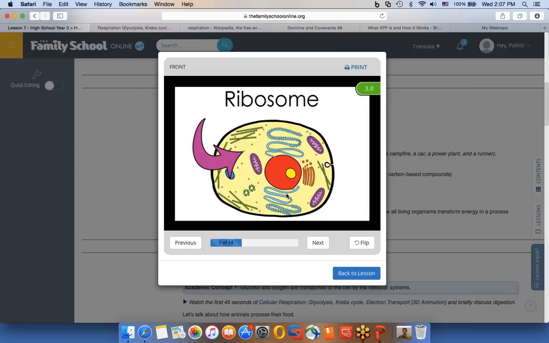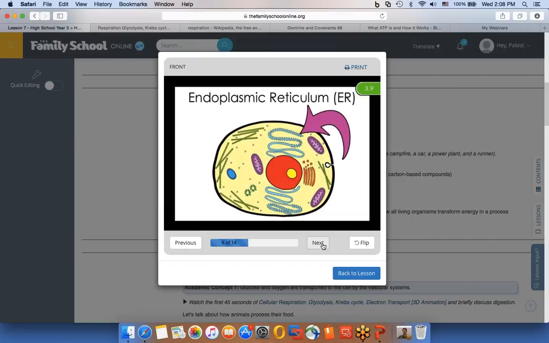Yes, they are in all types of cells. Excellent. What's the ER? The ER is like a passageway for molecules to send different things to other organelles. Excellent. And what do they process mostly?